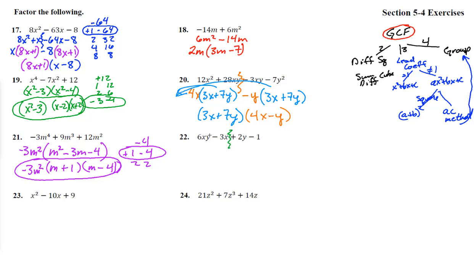Look at the first half of it. We can pull out a 3x, and what are we left with there? We're left with 2y minus 1. All right, and on the other half, we got plus, and there's nothing really there. There's a 2y minus a 1.